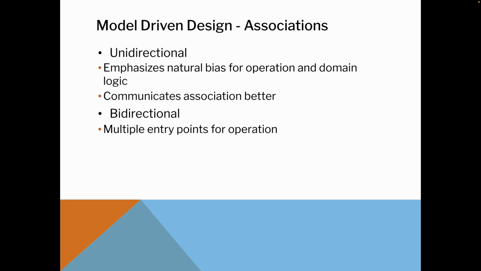And also if you can simplify the multiplicity, for example, if you have a relationship between two domain models and you can start with one-to-many, but then later on you might discover that it's one-to-one. If you can come up with simplifications like that, it would also simplify your implementation. So try to think about the associations and come up with the simplest version possible of them.